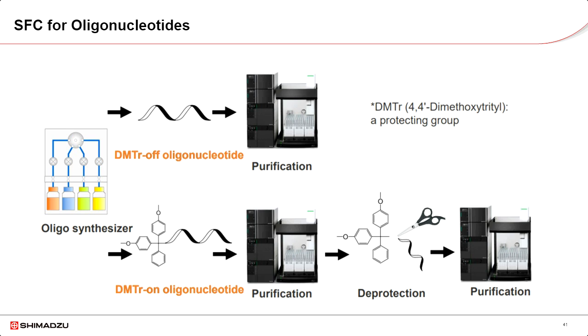If we can achieve separation, though, without having the protected group on at the initial stage, then we can reduce down the amount of time and effort required for oligonucleotide synthesis and purification.